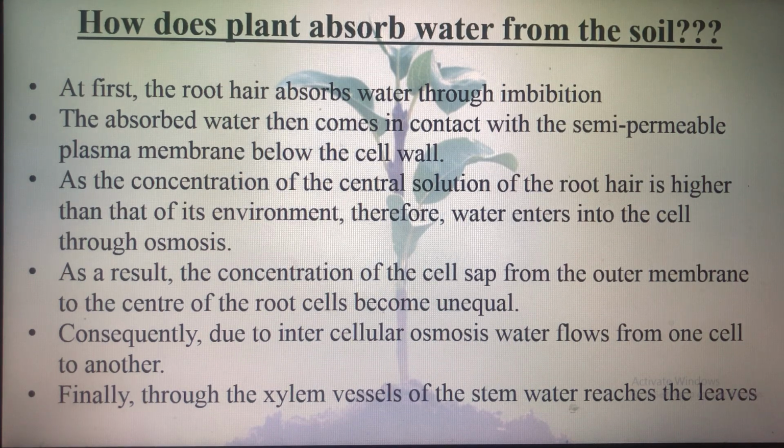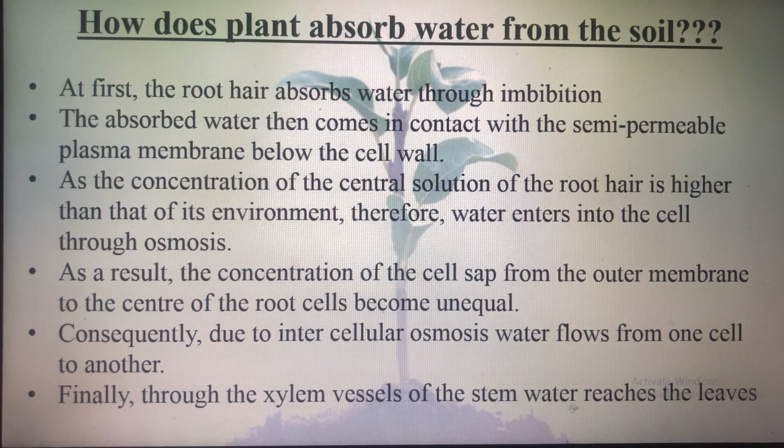Now the concentration of the solution inside the root hair is higher than its outside environment, and therefore water will enter the root hair through osmosis, right? As a result, the concentration of the cell sap from the outer membrane to the center of the root cells becomes unequal, right?